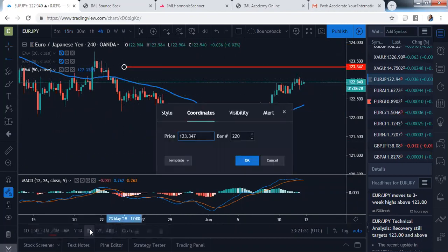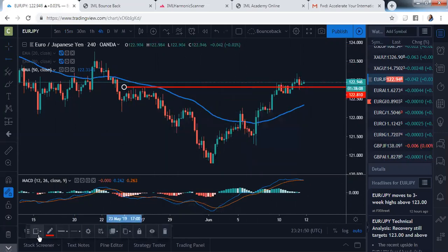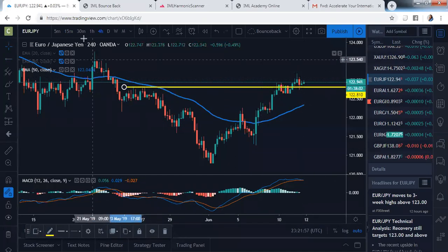Anywhere on the chart is where you put your horizontal ray, and then just change the settings of the ray by going to the settings box, clicking on coordinates and entering the price. You guys should know how to do this. 122.810. Let me just change my color. There we go. Great. So this is where Bounceback wants you to sell.